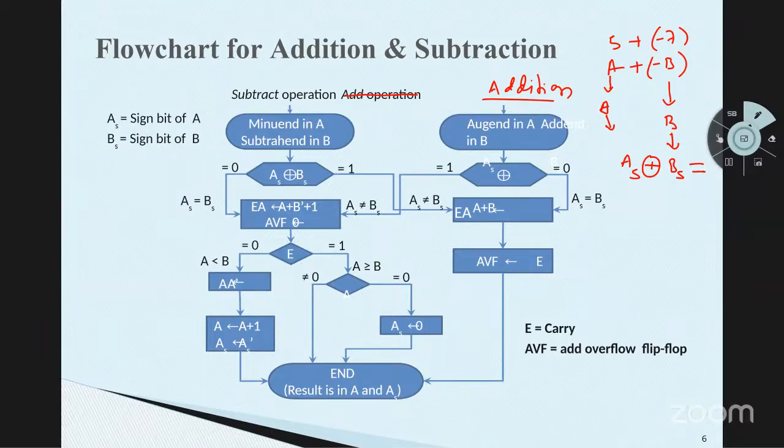Positive or negative? Positive. So positive means 0. XOR with BS. BS is the second operand register sign bit. Second operand is positive or negative? Negative. What is the value of 0 XOR 1?